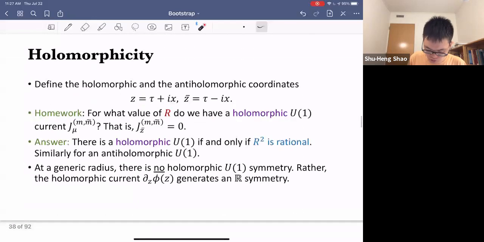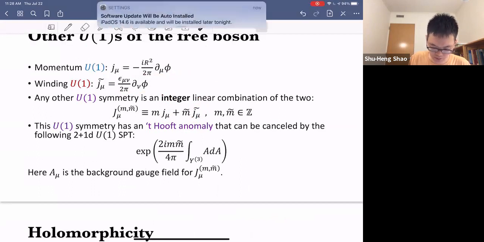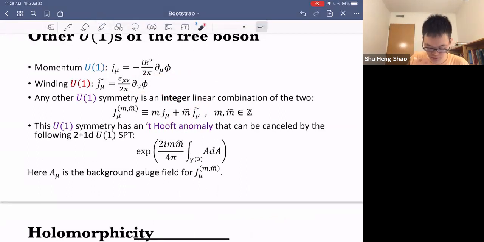By a holomorphic U1, I mean such a current whose z-bar component vanishes. It's a very simple linear algebra problem. You just take the definitions of J mu and J tilde mu, plug this in, go to the holomorphic coordinates, and check whether it's possible to have a holomorphic U1.